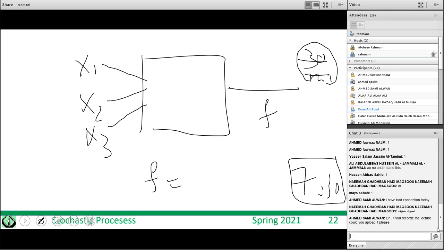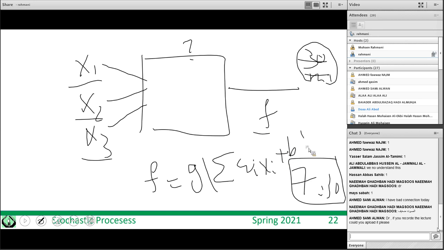In today's lecture, in a neural network we also have some input and output, and this is a black box, and we want to find what is in this box. Here also, at first we guess a function. For example, I say that f is g of the sum of wi times xi plus b.